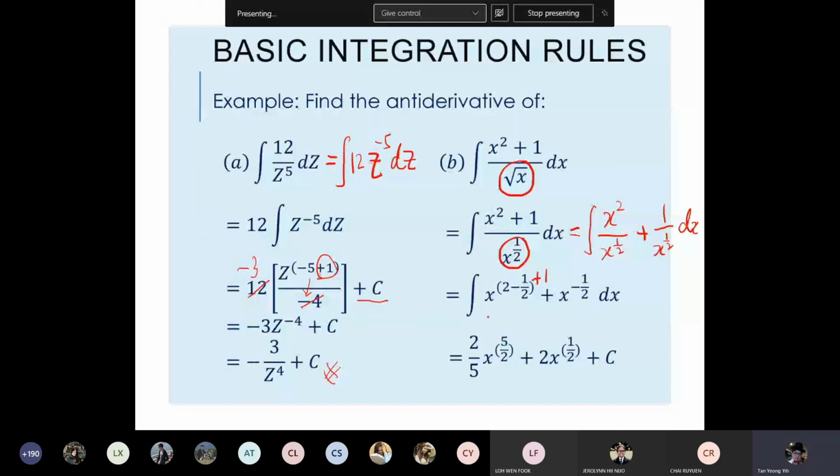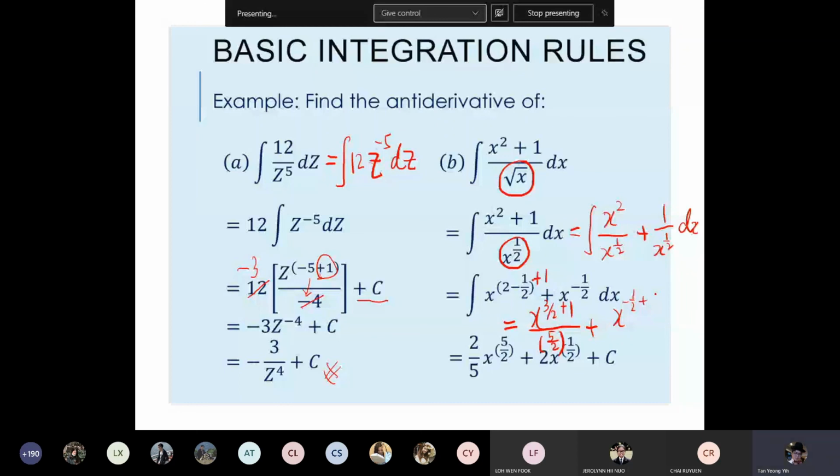After that we divide by 5 over 2. Now I write another step here: 3 over 2 plus 1 divided by 5 over 2. Plus this one, we have negative 1 over 2, we plus 1. So we get 1 over 2 and divided by 1 over 2, plus C.